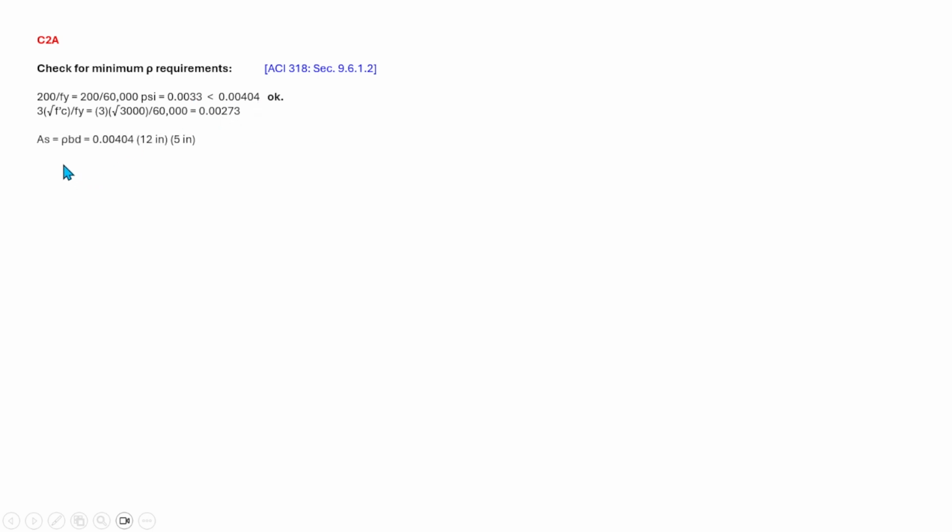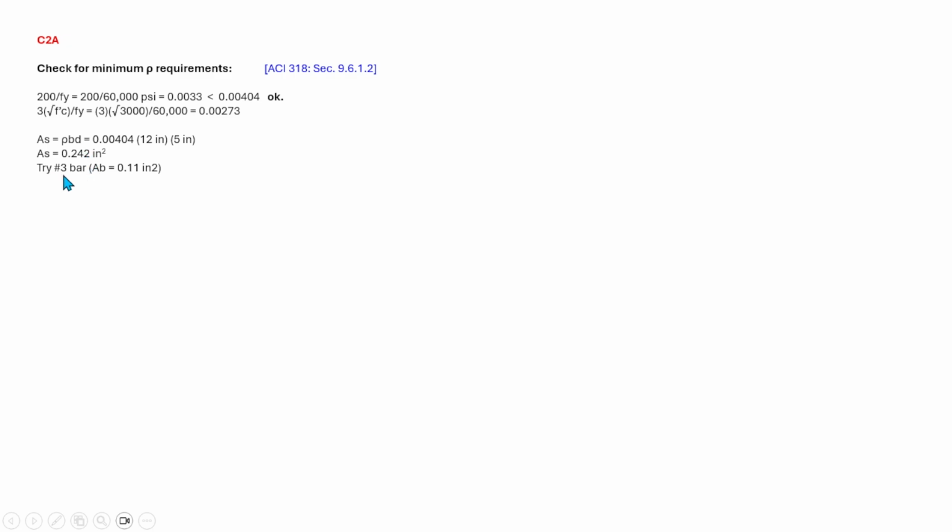So now the steel area As is equal to rho b d. So our rho is 0.00404 times 12 times 5. So we have 0.242 square inch. That is the required steel reinforcement.